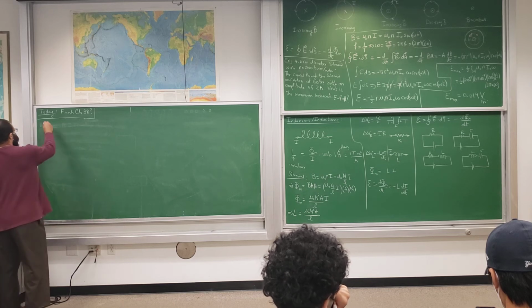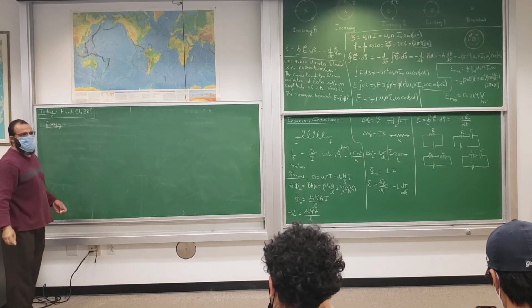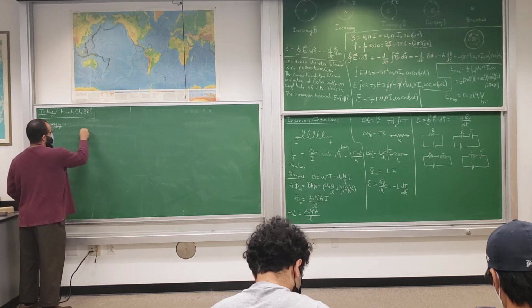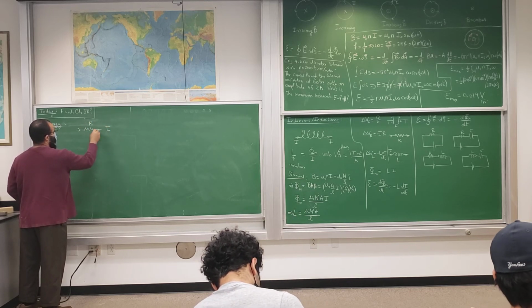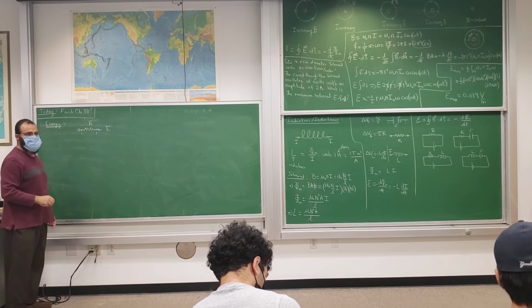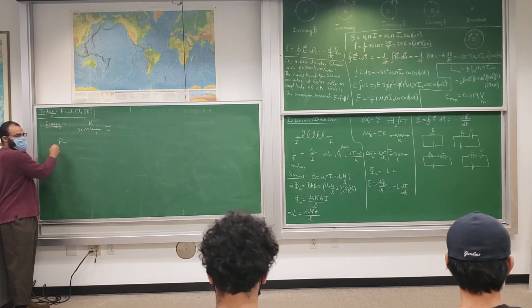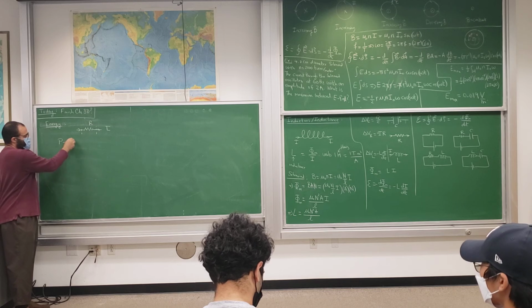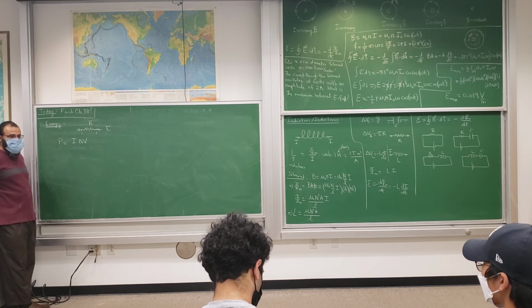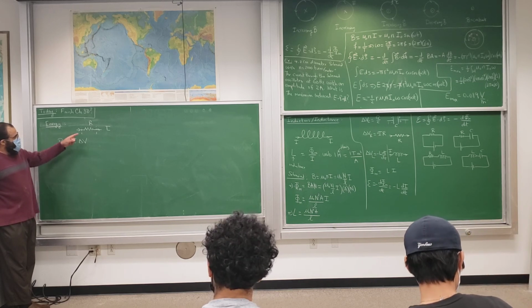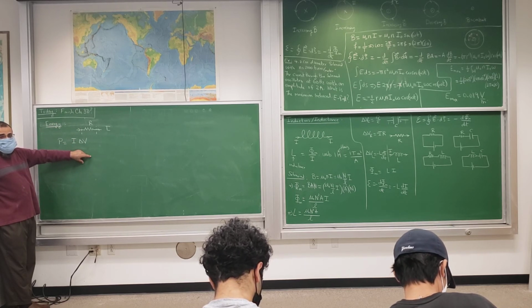So, energy. Remember, let's say I have a resistor and there is a current I. If there is a potential difference across the resistor, then the power delivered in the resistor will be I times delta V. If the circuit is connected to a battery, will your battery be gaining energy or losing energy?